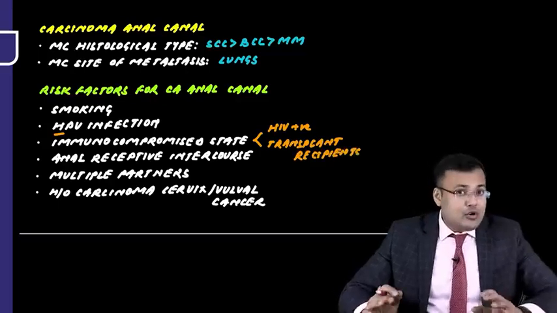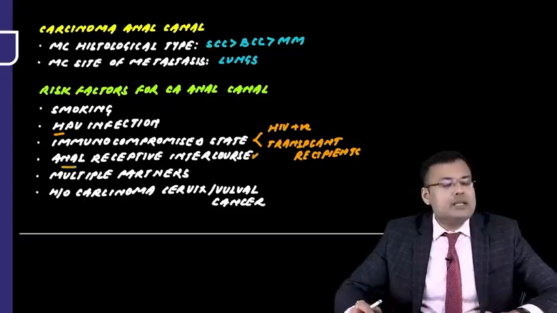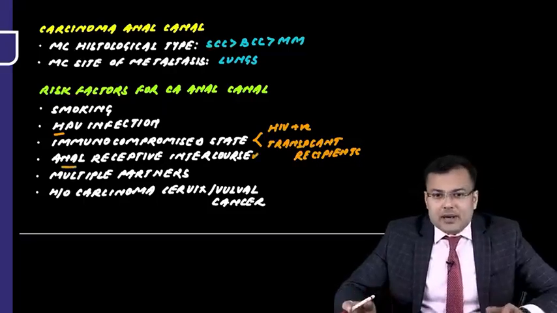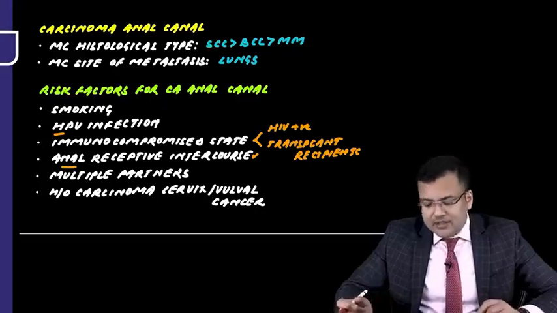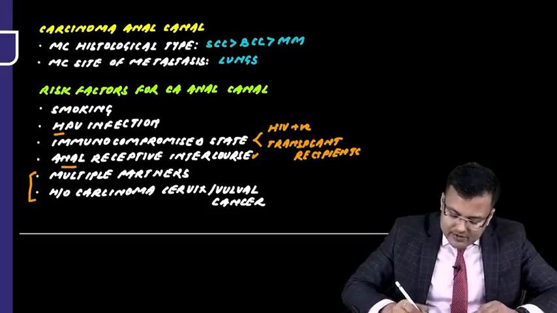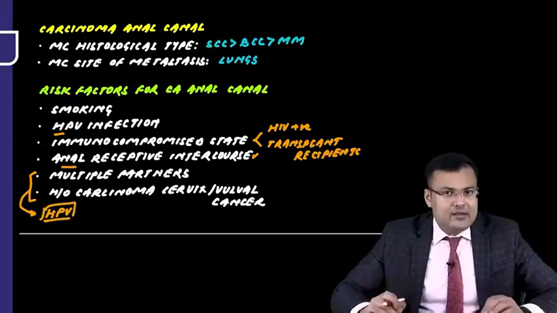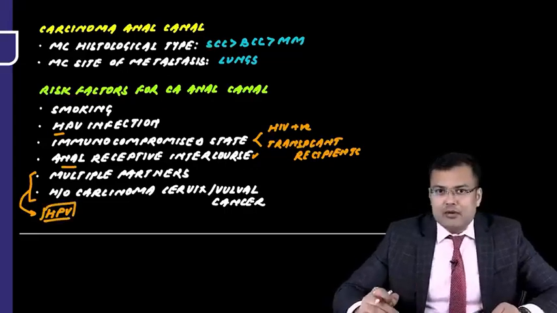It is more common in homosexuals, especially in the passive partner. So, anal receptive intercourse, multiple partners, history of carcinoma cervix, vulval cancer. Why? Because multiple partners and history of carcinoma cervix all suggest infection. Indirectly, it gives a hint of infection with human papillomavirus.